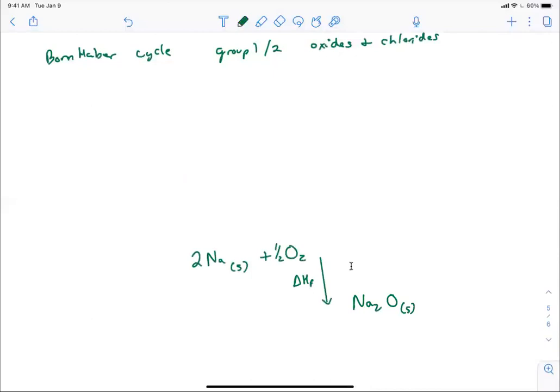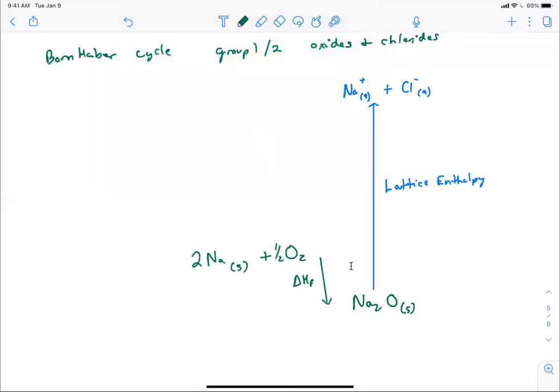Now, to make the solid, you have to somehow get the ions, which is lattice enthalpy. Remember, lattice enthalpy is going from solid to gaseous ions. That's why I drew that arrow in that direction.